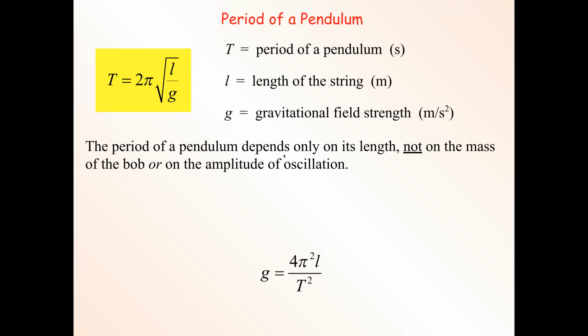So the period of a pendulum only depends on its length, not the mass of the bob or the amplitude of oscillation, so how far you pull it back. As long as we know the length of our pendulum, and g is a constant as long as we're on Earth, 9.81, then you can find your period.